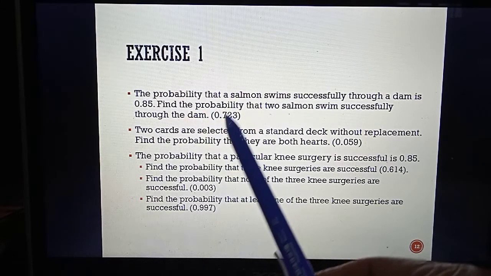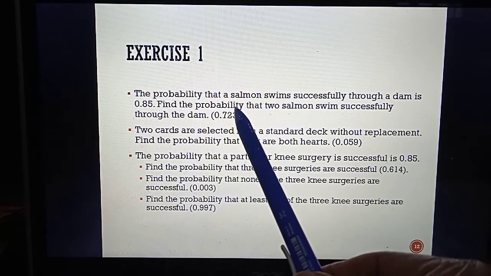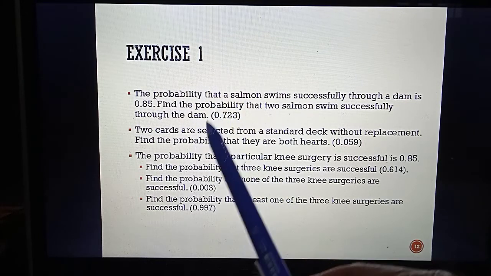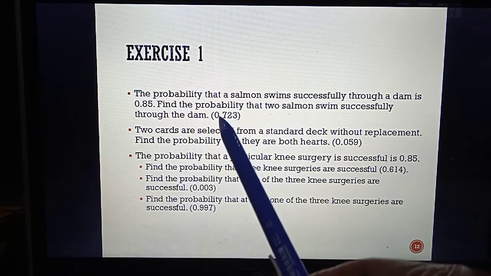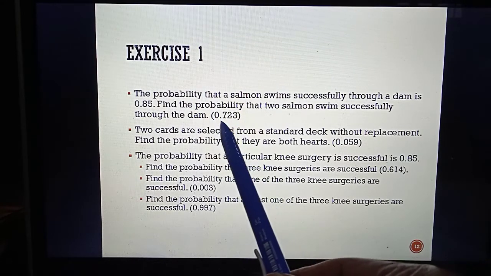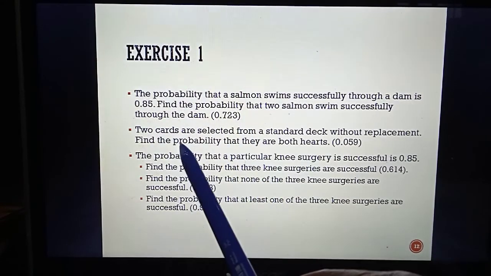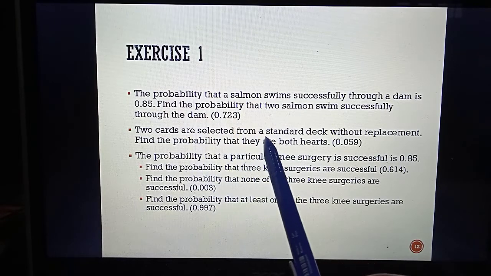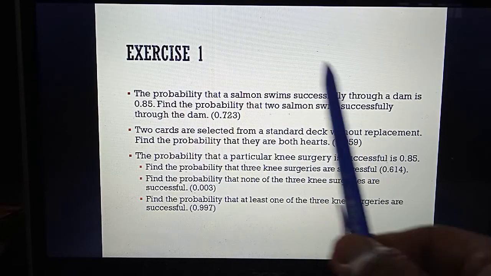So 2 events in sequence and they are independent, so 0.85 times 0.85 using multiplication rule. So answer is 0.723.